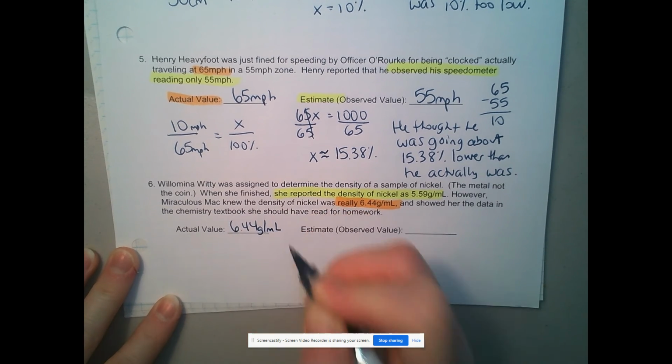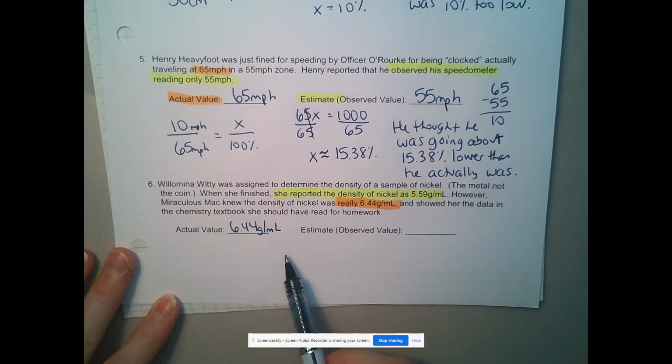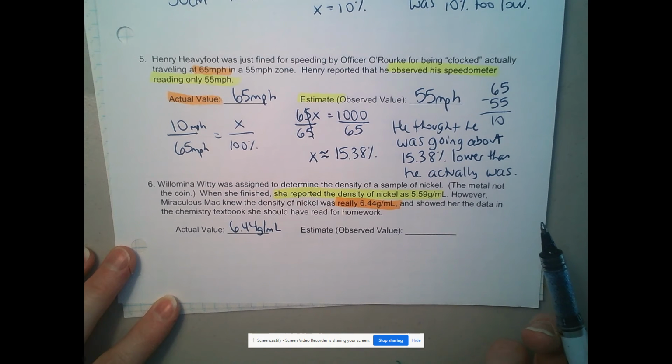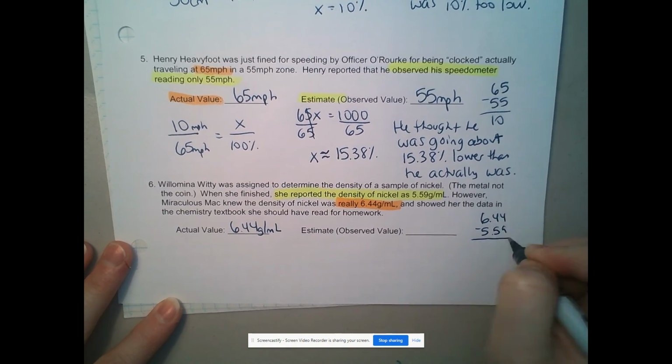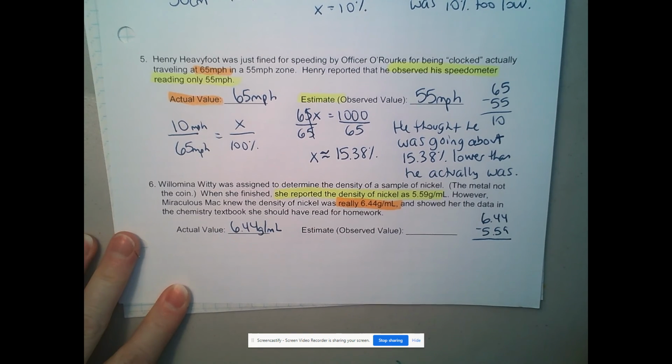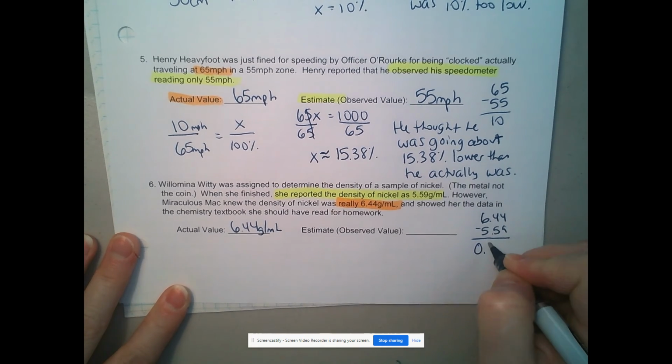Now, here's the thing. Sometimes people get hung up on, I don't know what a gram per milliliter is. Doesn't matter, because you're going to have grams per milliliter over grams per milliliter, and you're getting a percent. The units are completely irrelevant as long as they are the same. So the difference between the two would be the 6.44 take away the 5.59. We're going to get a difference of 0.85.